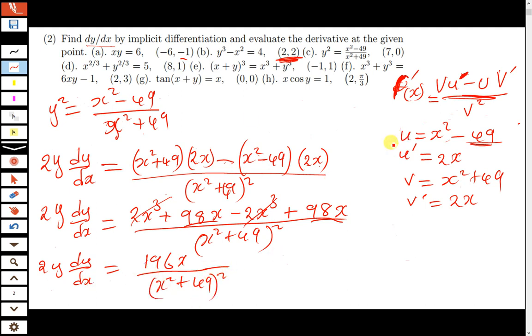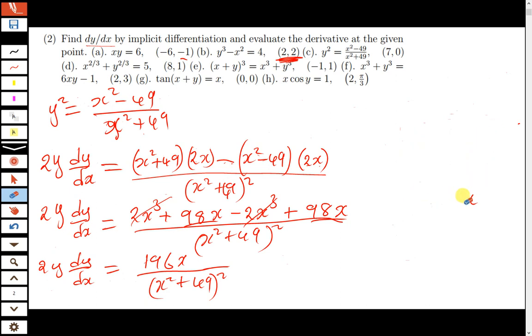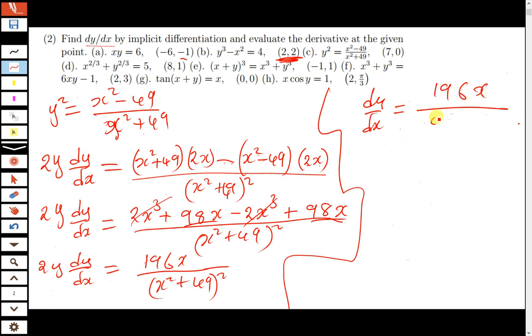So to make dy dx the subject of the formula, we're just going to divide everything by 2y. So if we divide everything by 2y, we're going to have 196x over 2y times x squared plus 49 squared.